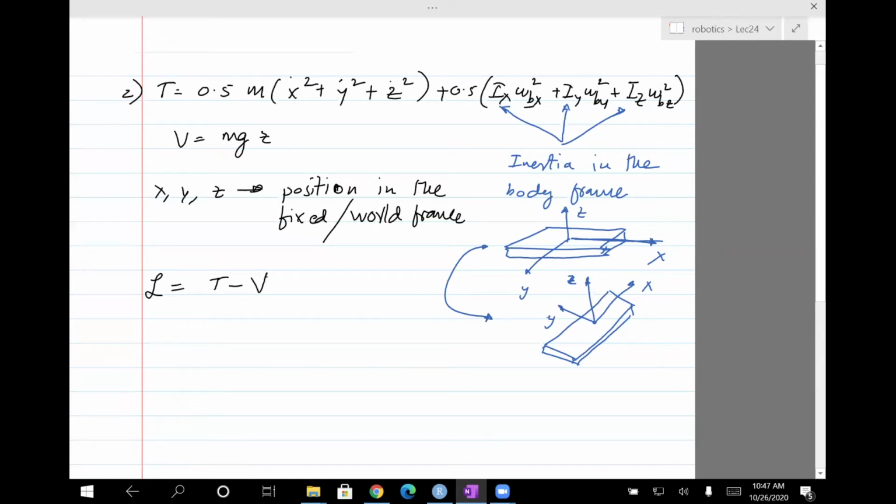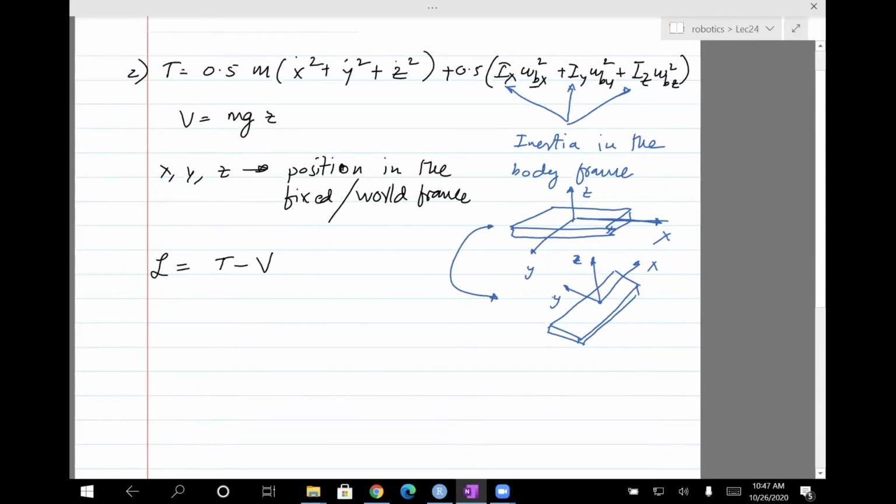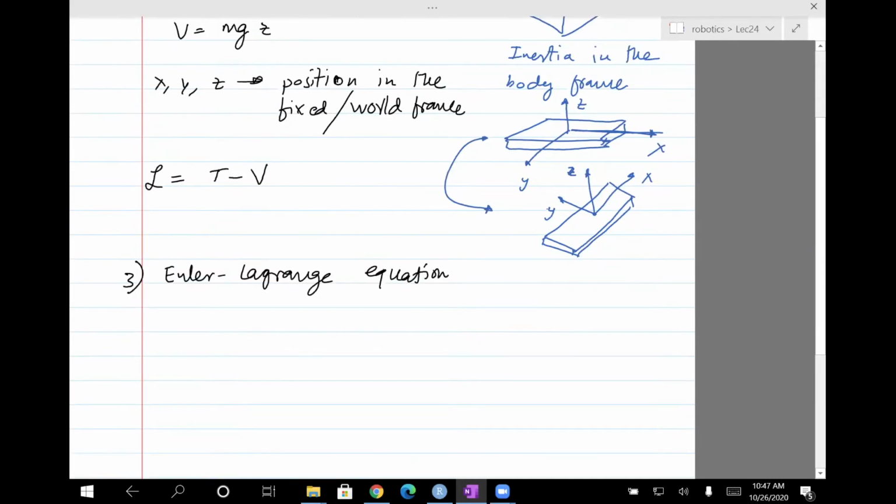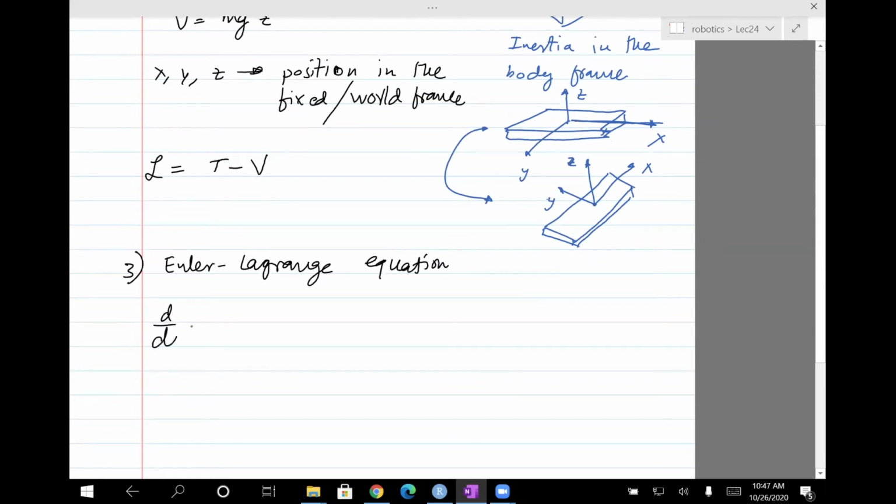So most of the work is at this point done, and all that needs to be done now is to crank this through the Euler-Lagrange equation, which is d/dt of dL/dq dot j minus dL/dqj equals 0.